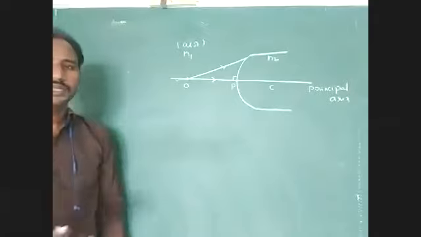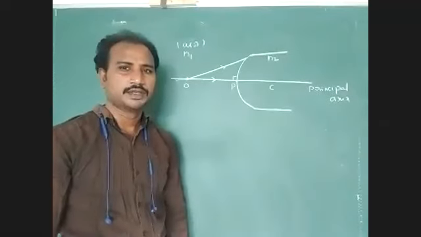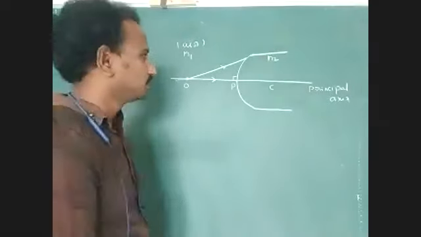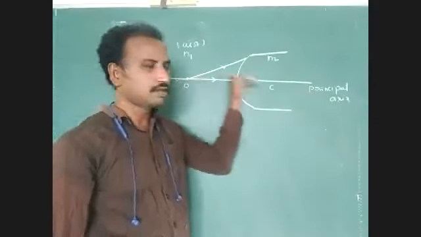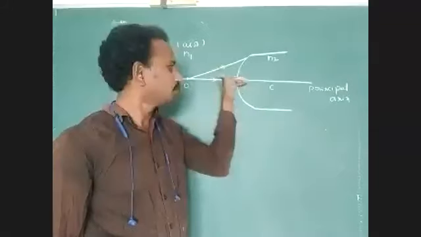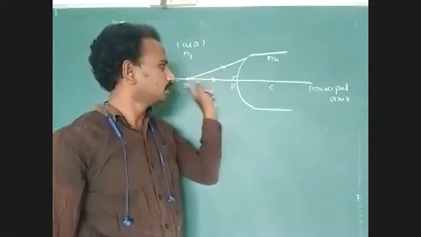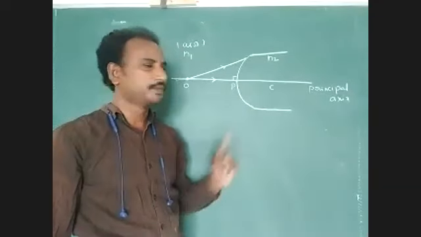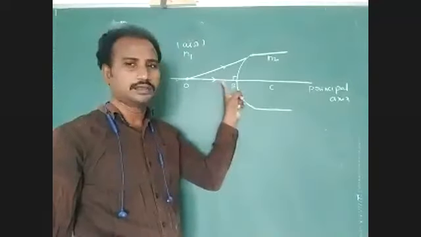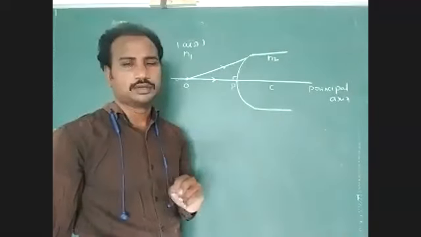Now we have to follow the laws of refraction. In the first condition, the actual path of the incident ray is the principal axis, and it follows the path along the normal.